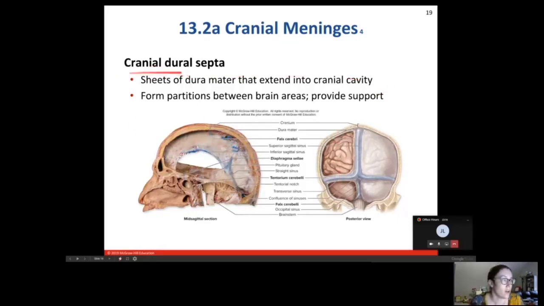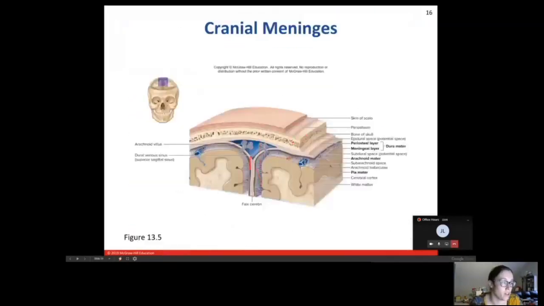The cranial dural septa are sheets of the meningeal layer of the dura mater that dive in next to the brain. This is important because it helps keep the brain in place. If you look back at this picture, this is the falx cerebri, one of the cranial dural septa.